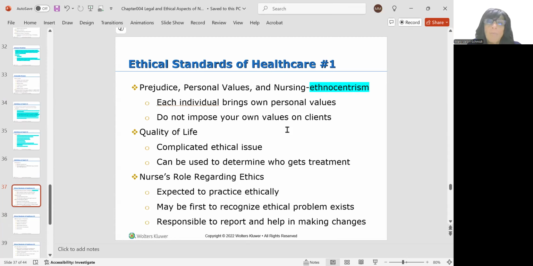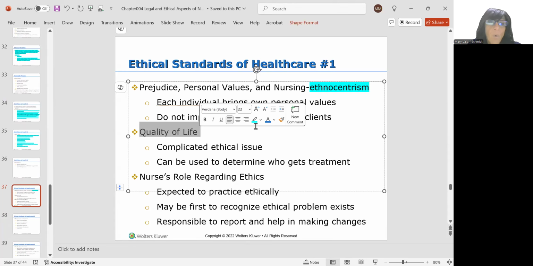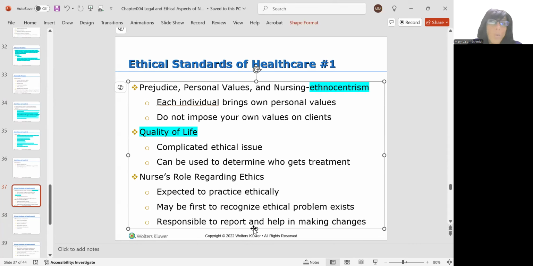When we talk about ethical standards for quality of life versus quantity of life, that's complicated. Do we pull the plug or not? That's a conversation in and of itself. As nurses, what's our role?